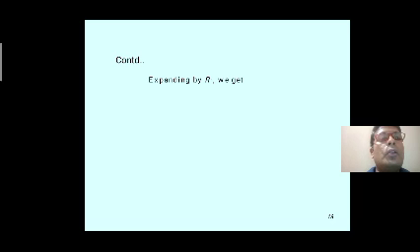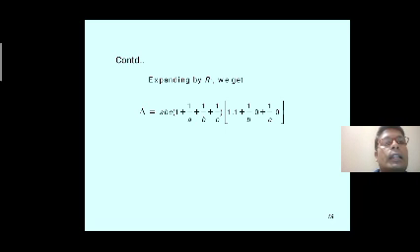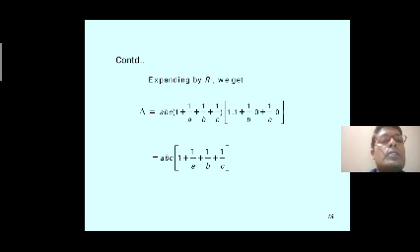Expanding by row 1, we do the simplification: 1 into 1, plus 1 by b into 0, plus 1 by c into 0. Therefore it equals abc into 1 plus 1 by a plus 1 by b plus 1 by c. That is the proof.